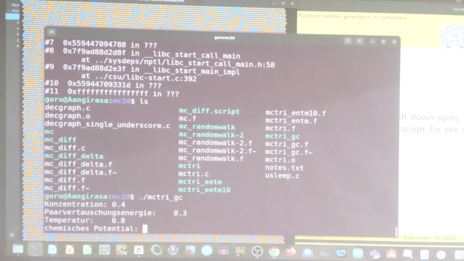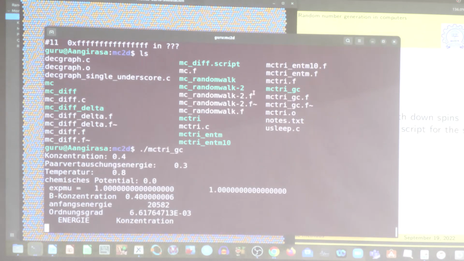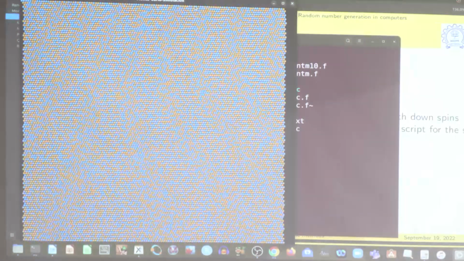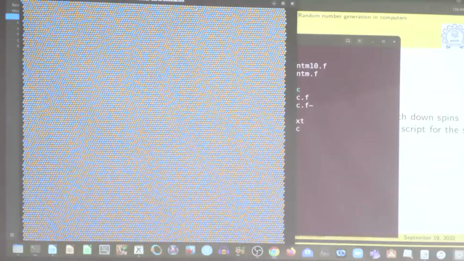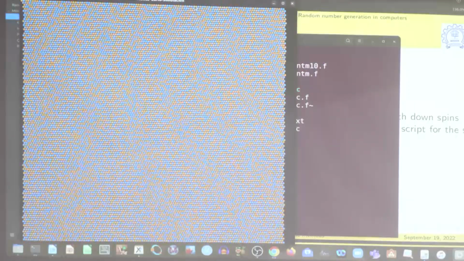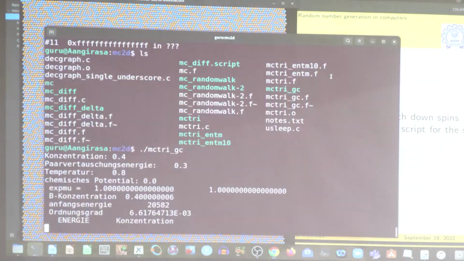But what did we have? 1 or something? 0 and then it's equal. So you get both equal probability, and now if you change to a negative value, you get 1 species. So, there are several codes here as you can see, MC diffusion and MC random walk.